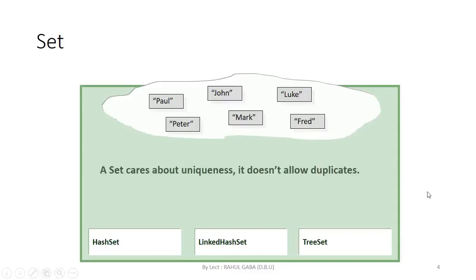See, this is a set of different names, but you have to differentiate between these. This is a set of names: Paul, John, Luke, Mark, Fred, and Peter. A set cares about uniqueness. It does not allow duplicates. If you look very carefully, all the names are different.